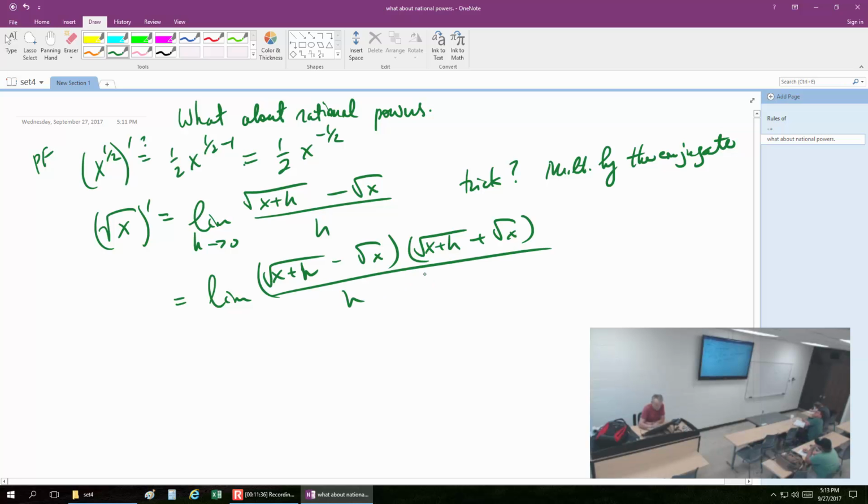And here I still have the same thing. So long story short, it works. Once you go through all the computations and simplifications, you will end up with 1 over 2 square root of x, which is the same as this.